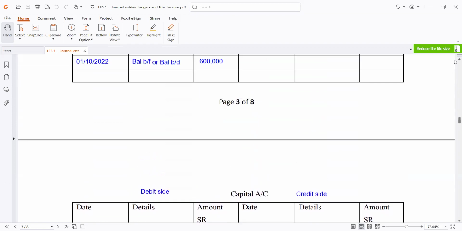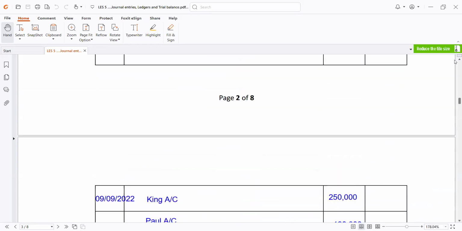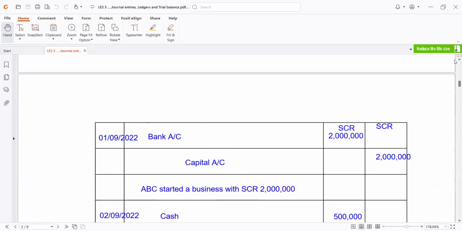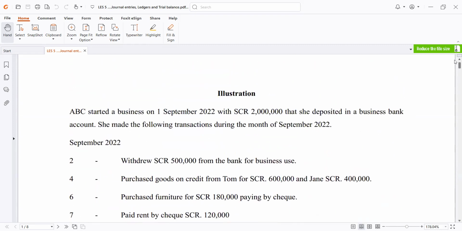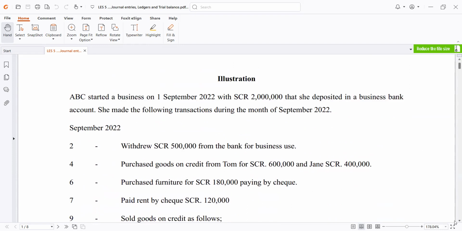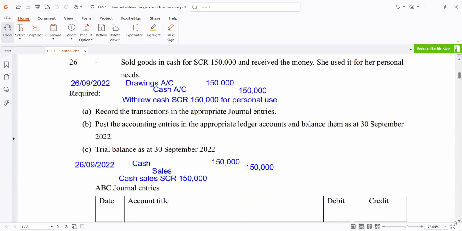So the first thing that we started, going back to this question, we had all these business transactions, and we are looking at ABC, the way they started their business with the capital. For the requirement, you are required to record the transactions in the appropriate journal entries, which we already did.